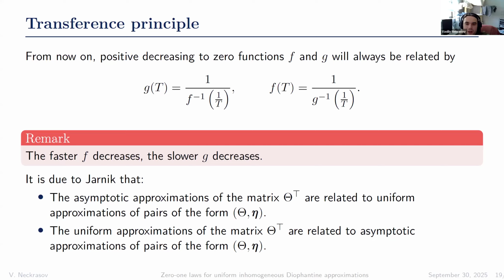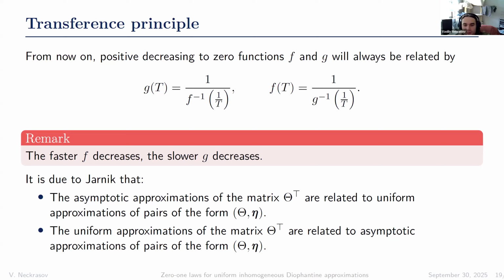Suppose that we know the relation of matrix theta transposed to the function f, by which I mean we know if it's f approximable, we know if it's not f approximable, or maybe we know it is f uniform or not f uniform, but we know some information about approximation with this particular function f. Then what the transference principle gives is the approximation for pairs, again, some information depending on what exactly we know, with this function g related to f.